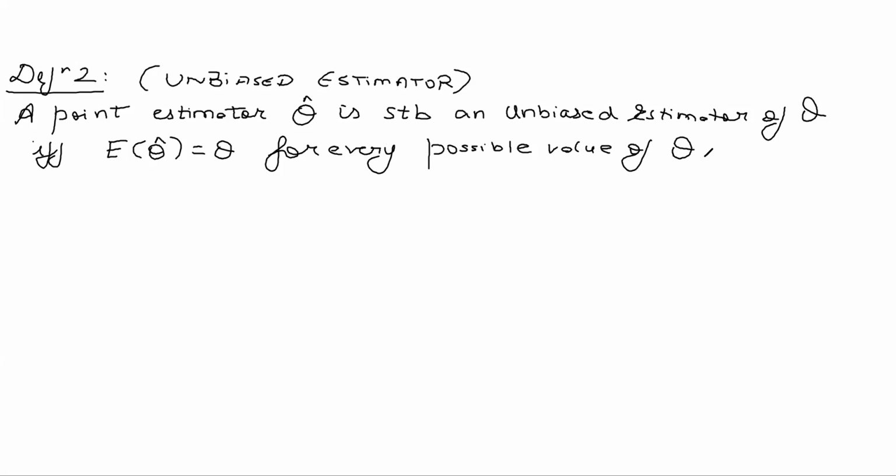So we say that theta hat is said to be an unbiased estimator of theta if the expected value of theta hat is exactly equal to theta for every possible value of theta.